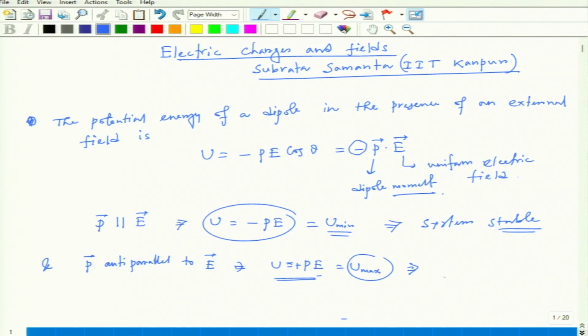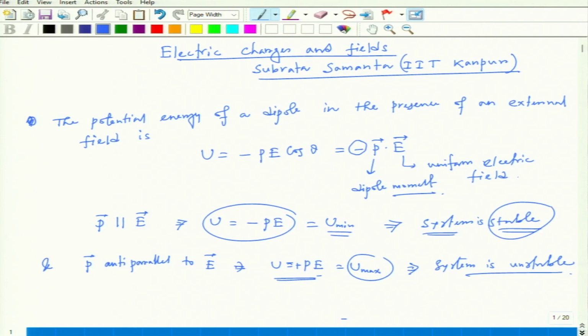So the system is stable when the dipole moment vector is parallel to the electric field vector, and when it is anti-parallel, the system is unstable.